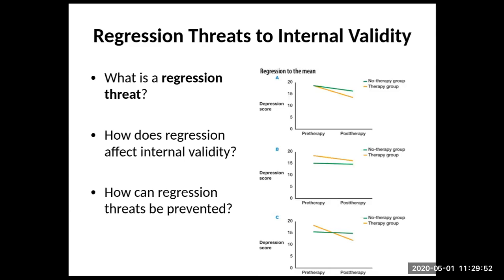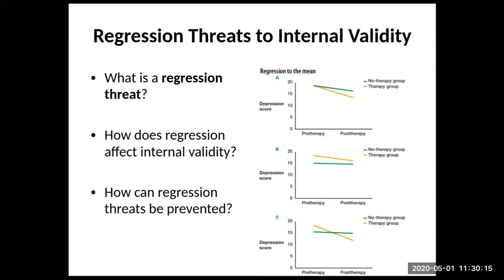But what about the second one? The second one shows with the no therapy group, there was definitely no change. And even though the therapy group only went down a couple, we know it wasn't a regression threat, because the group that didn't receive therapy didn't change at all. They stayed at 15 from the pre-test to the post-therapy test. What about the last one?